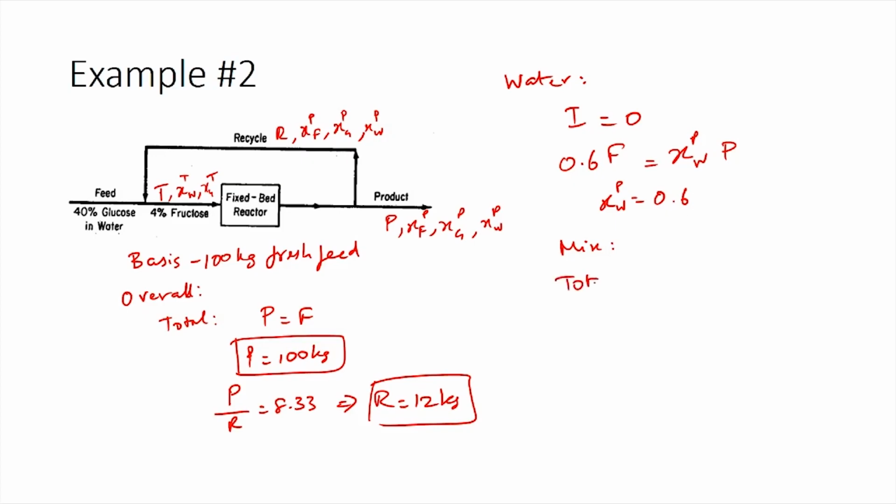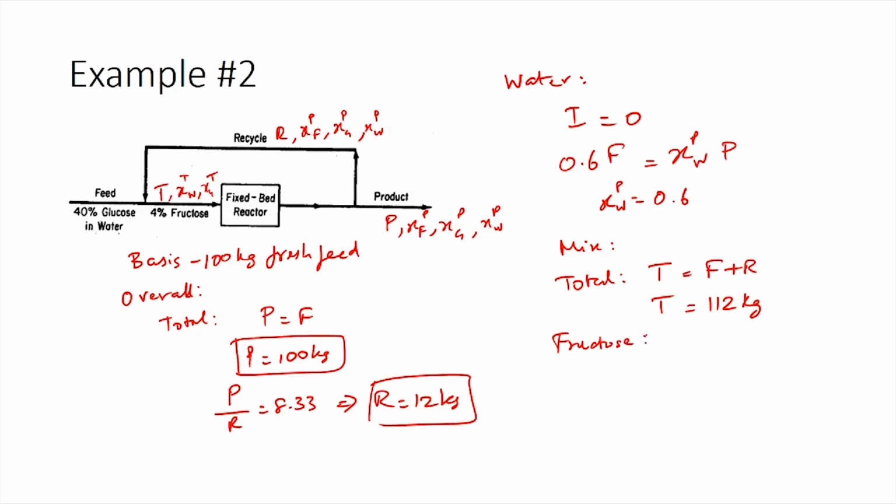For that we can write a total mass balance, which would be T equals F plus R. So, you have input equals output. So, you have T equals F plus R, which means T equals 112 kilograms. We can also write balances for fructose and glucose.